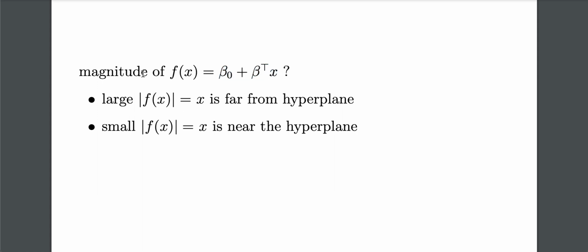This quantity can be positive or negative, but the magnitude of it is proportional to the distance from the hyperplane. So if a point is far from the hyperplane, then the absolute value of this quantity is large, and if x is near the hyperplane, this is small.